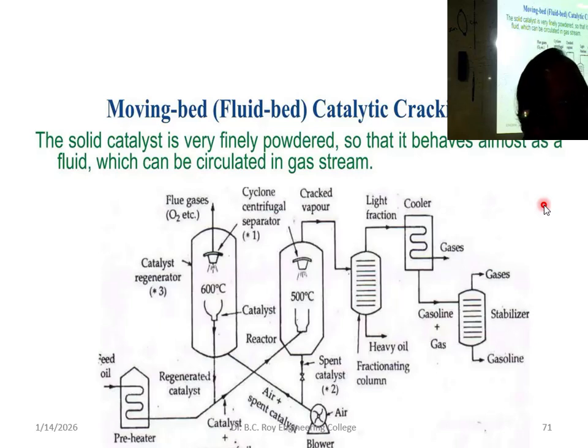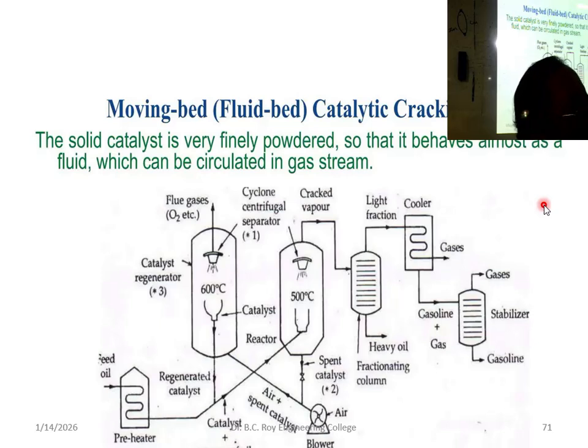So tetraethyl or tetramethyl lead absorbs those radicals, and as a result the radicals are reduced. So this chain reaction is stopped. If you can capture some of the radicals, the chain is broken, the chain reaction cannot continue, and the problem is over.